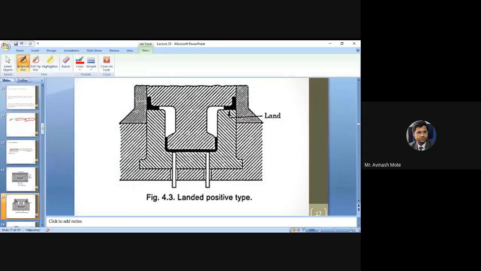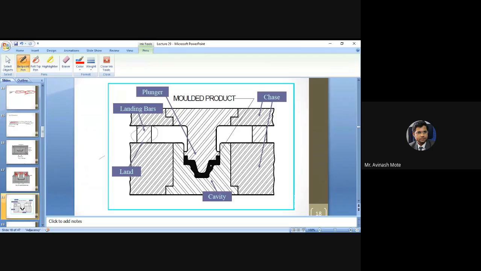So this part which is compressing the material is landing at this juncture. This is called a land, where it is landing. This is also called the landing bars, and this is the landing area where it will land.